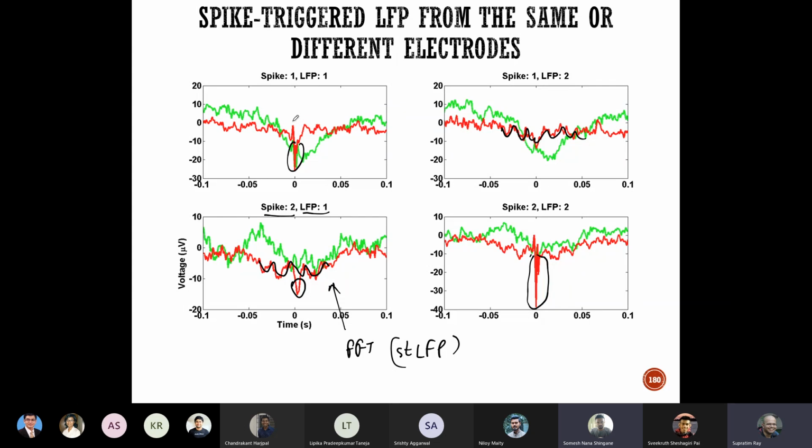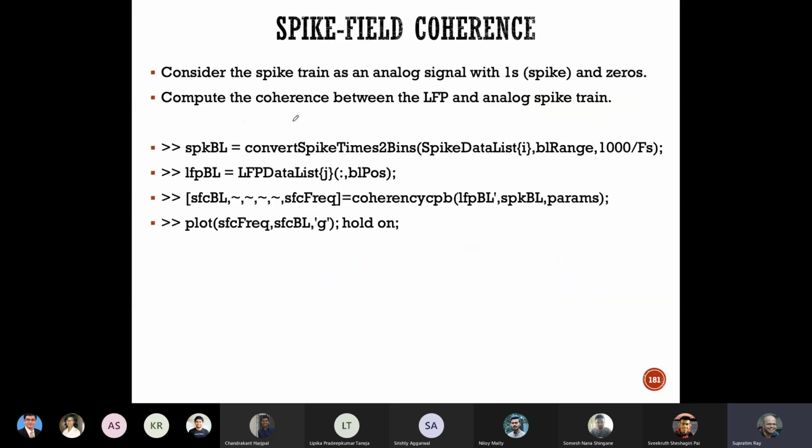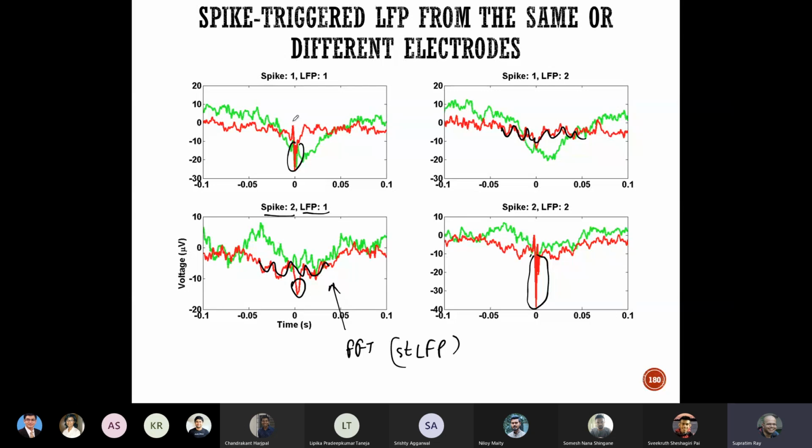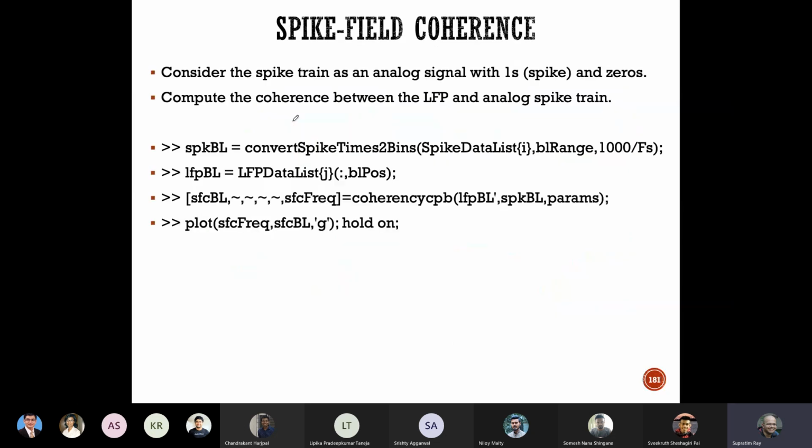Okay. So in general, instead of just using the Fourier transform of the ST-LFP, we do something comparable, which is called spike field coherence. One reason is that it puts it in the same sort of architecture, similar code as the field coherence that we had done earlier.